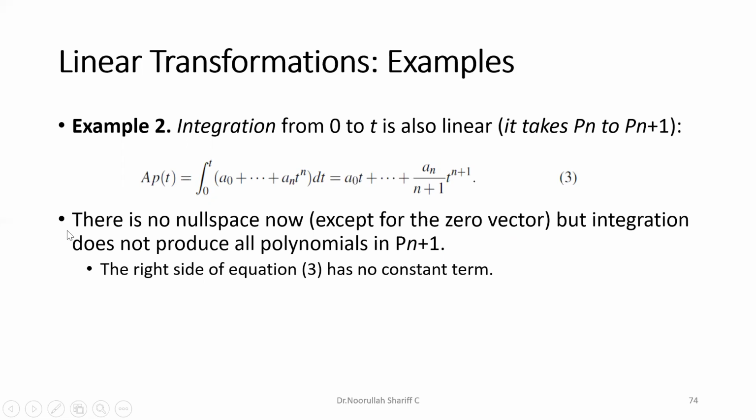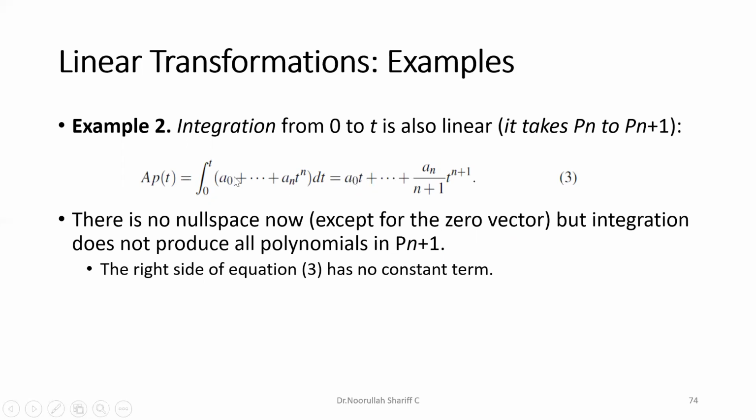Now we can see very clearly that there is no null space except for the 0 vector, but integration does not produce all polynomials in Pn plus 1, because we always have the initial constant. We don't have a constant over here, we have only the coefficient of t.